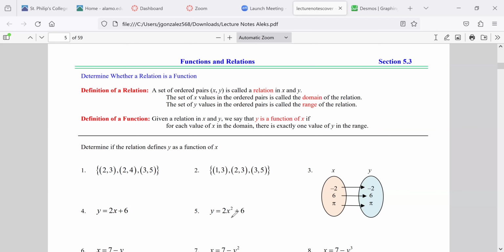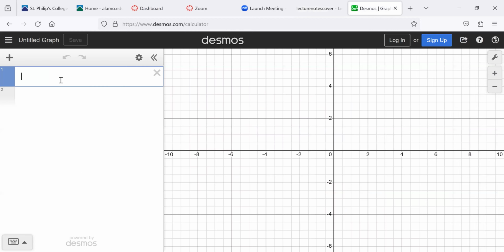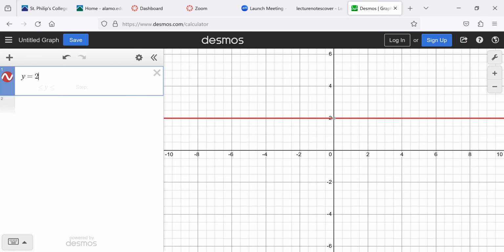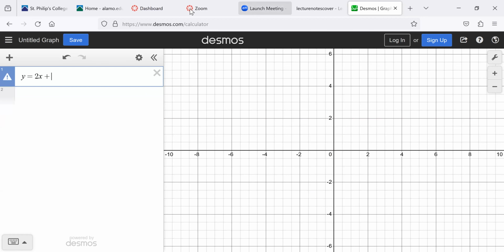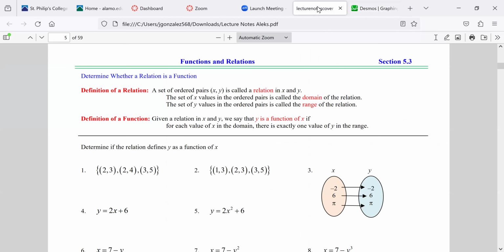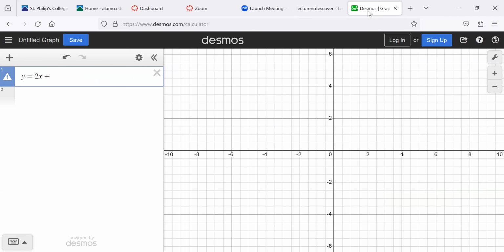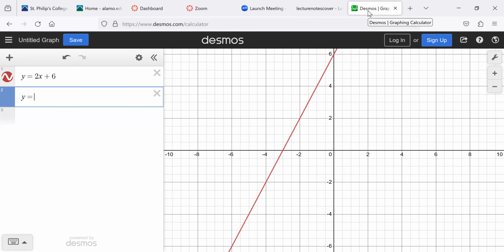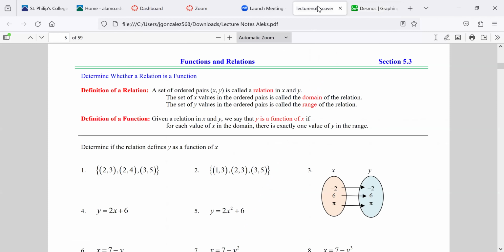You have these two right in front of you. Plot both of them here. Let's solve for y. Yeah, it's already solved.